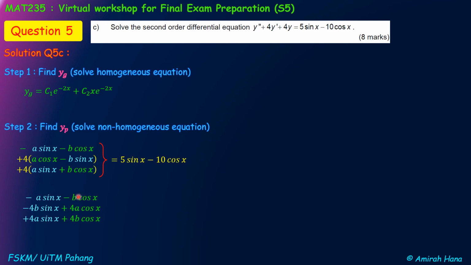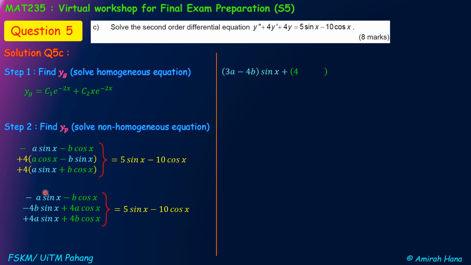We arrange based on the same coefficient so that it is easy to simplify, and all of this equals 5 sin x minus 10 cos x, right?